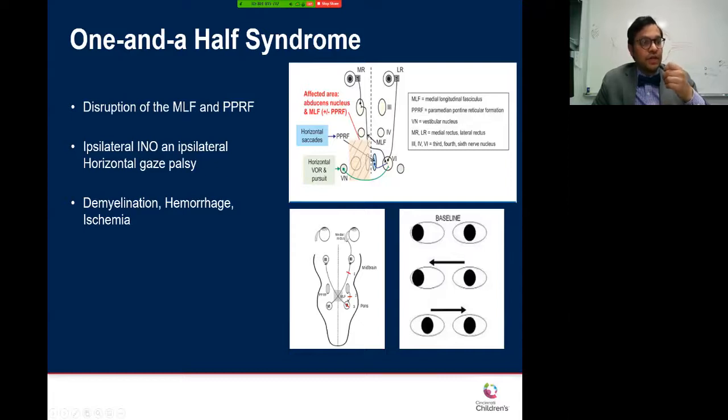Your sixth is involved, so you're having trouble with abduction, and you're having adduction issues with the MLF as well. So you have no adduction, bilateral, no abduction on the side affected, and then you just have your lateral rectus, the sixth on the left side, that's unaffected. So they call that 1.5 syndrome.